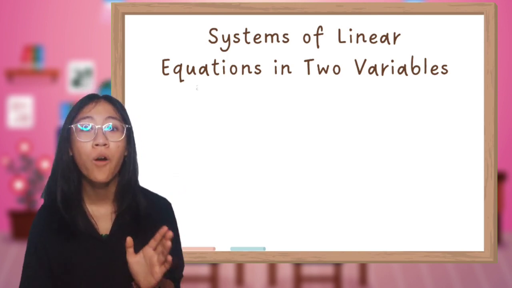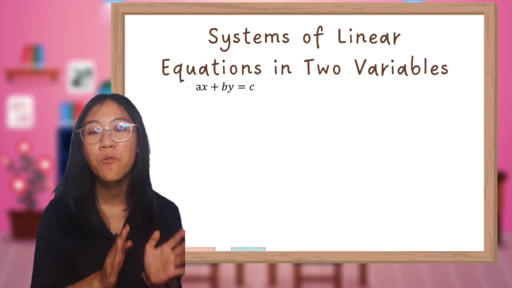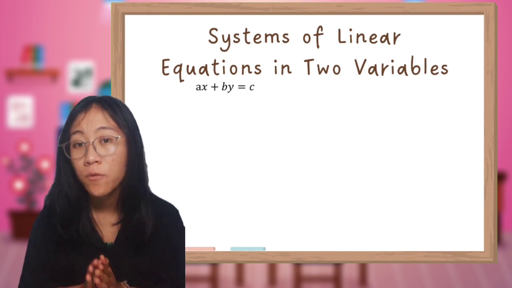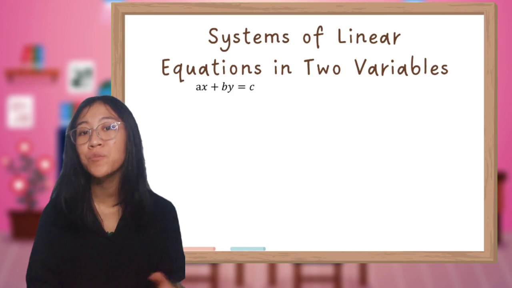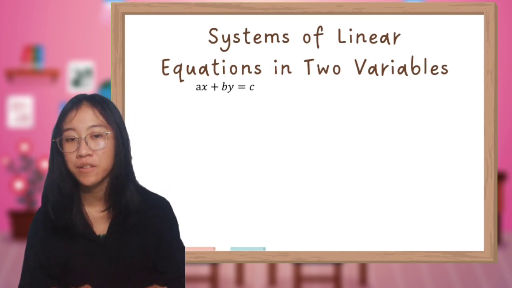The general form of linear equations of two variables is ax plus by equals c. The linear equations of two variables can be solved by two methods, namely the substitution method and the elimination method.